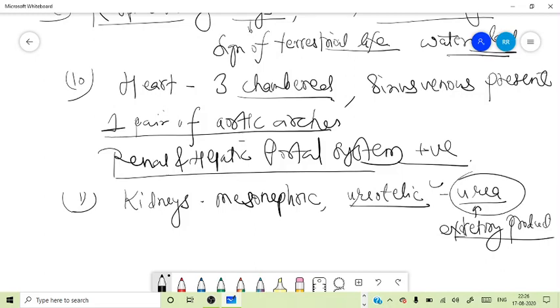So this is the excretory product urea, so they are known as ureotelic, and the kidneys are mesonephric.